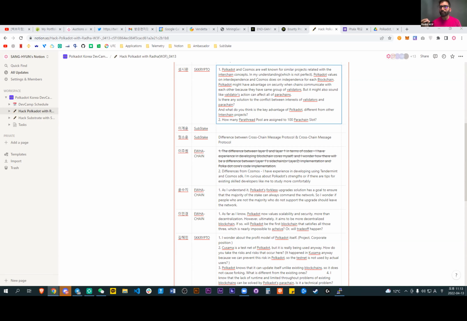Collators don't have the permission to mess with the state, they can't do evil things, but they can always censor transactions, right? If they don't like somebody, they can decide not to send that transaction to the relay chain. That's why even if there is one honest collator on the network, the transaction will eventually make it to the relay chain. Yeah, that makes sense.